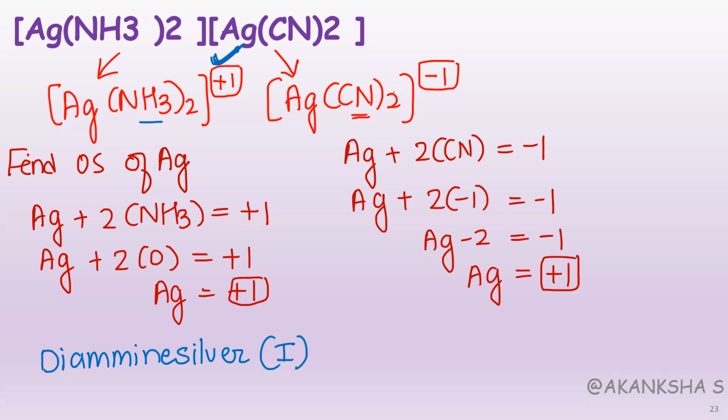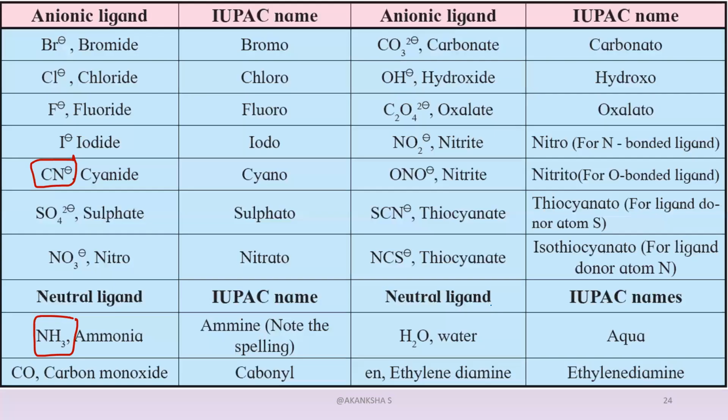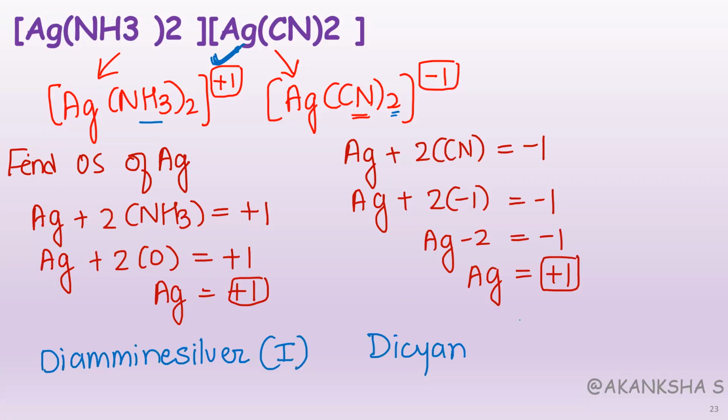Let's see the second one. We have 2 cyano, meaning dicyano. Problem being, sometimes people write it as cyano, sometimes people also prefer it as cyanido. Okay, no problem. We generally stick with cyano, not cyanido. In case you see cyanido somewhere, it's not something different. Do not be stressed over there. Now, silverate is not a compound.